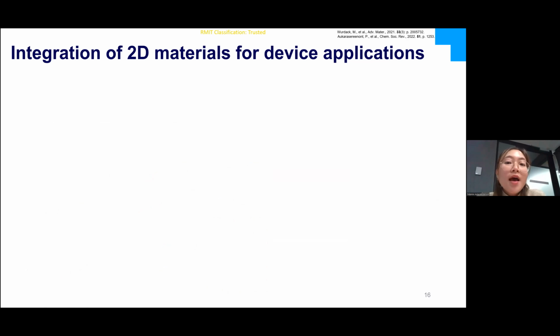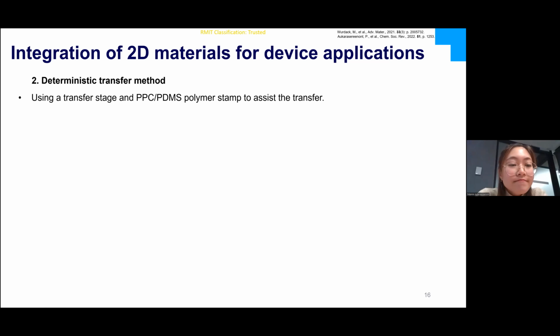Another way to do the transfer, apart from direct synthesis, is called the deterministic transfer method. This technique was developed and published in Matthias's papers.